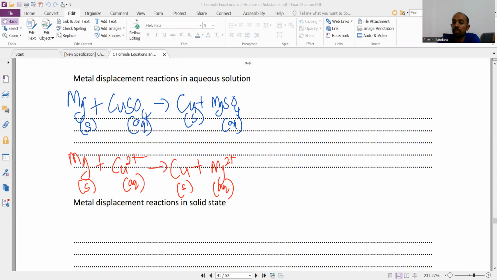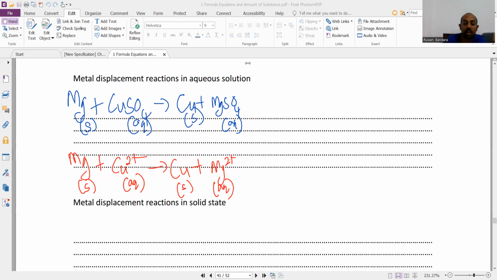Blue solution turns to colorless. Why? Blue solution is the copper 2 plus, and it becomes magnesium 2 plus. So magnesium 2 plus has no color. And pink brown solid. Remember, according to the examiner, copper is pink brown. So the pink brown solid will make the examiner happy.